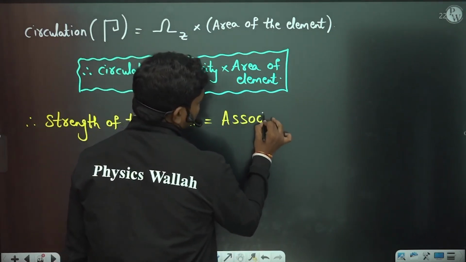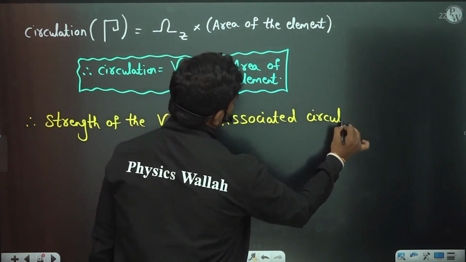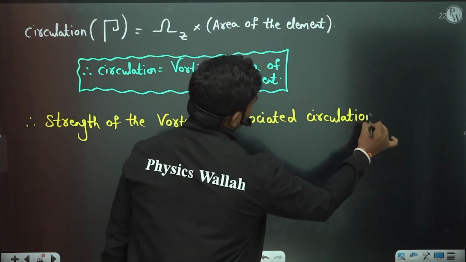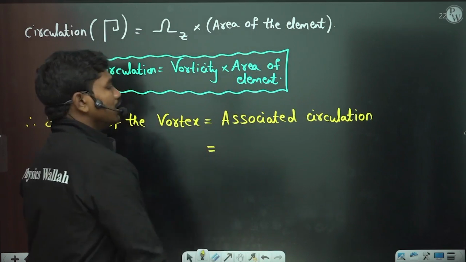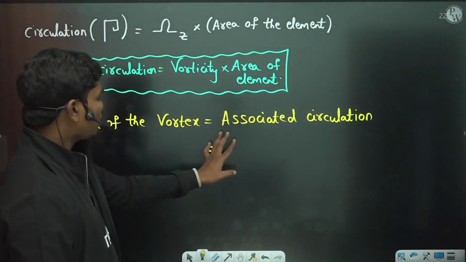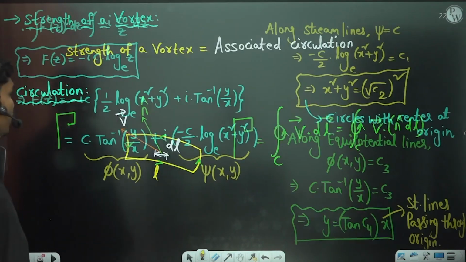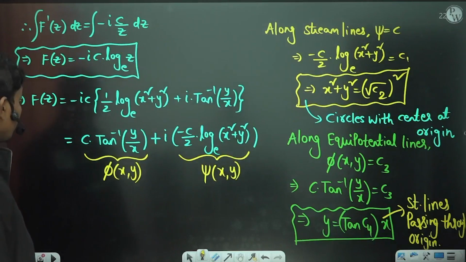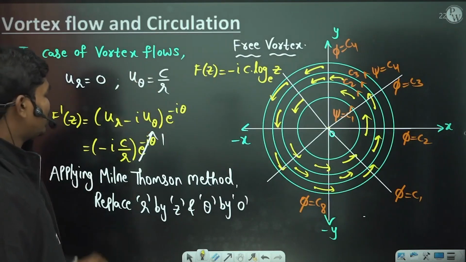So whatever circulation is present in this case, this is the associated circulation. Basically, here we have seen ∂v/∂x, and we have seen this is c by r. Okay, u_r is 0 and u_theta is c by r.